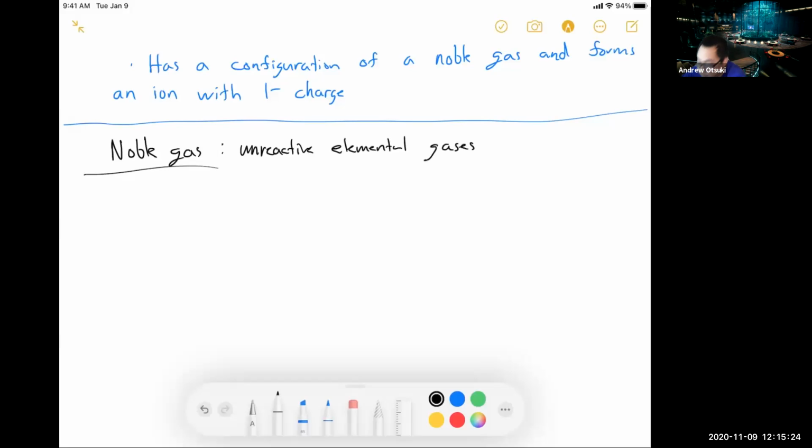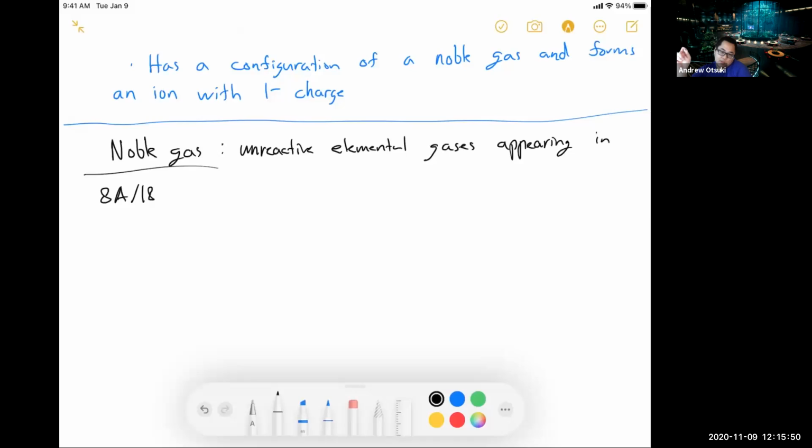Gases appearing in 8A. Another type of question I like to ask is, name the noble gas in group 8A, period 5 or period 4, and so on.